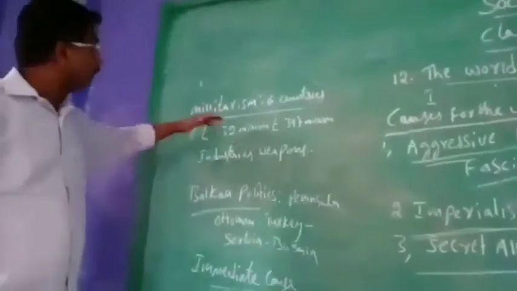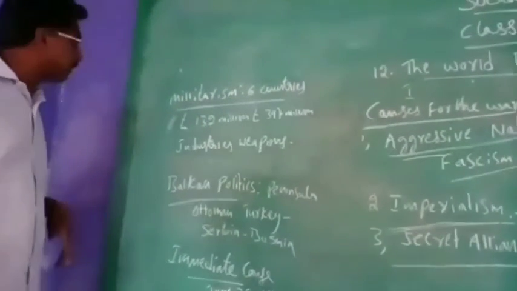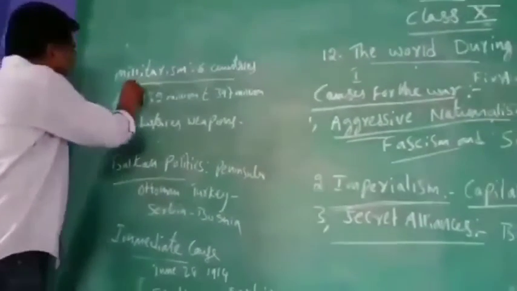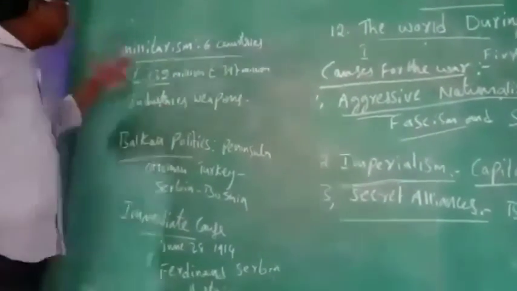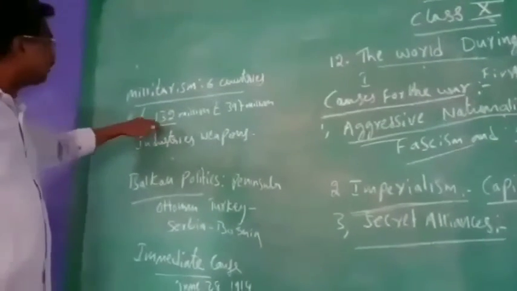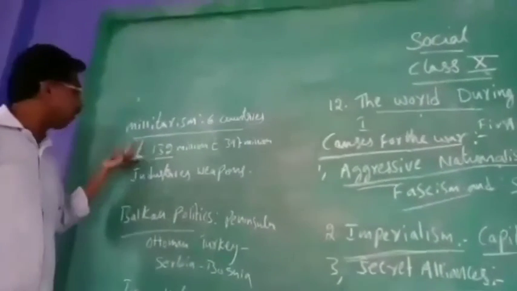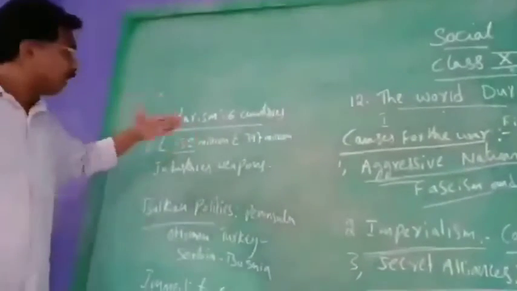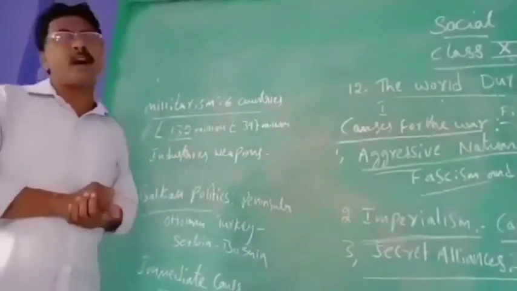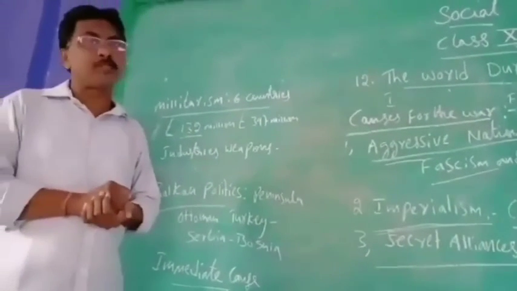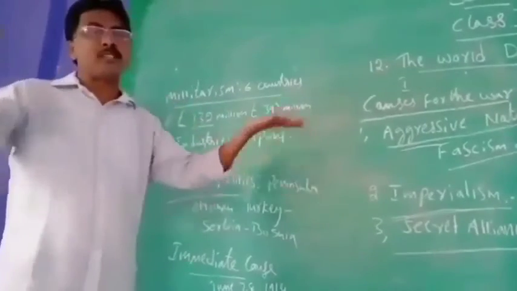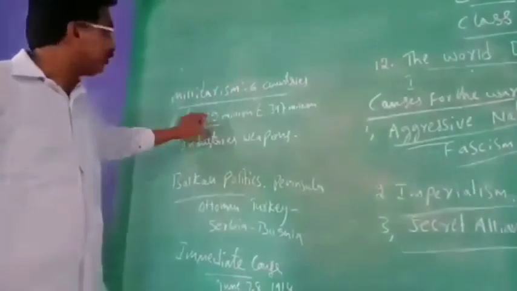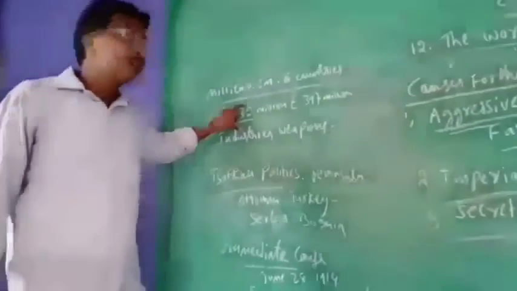And also, previously, every year from the national income they used to allot 132 million pounds as expenditure for the army, for the military purpose, for the salaries and to purchase weapons. Every year only 132 millions they used to spend. But what happened?